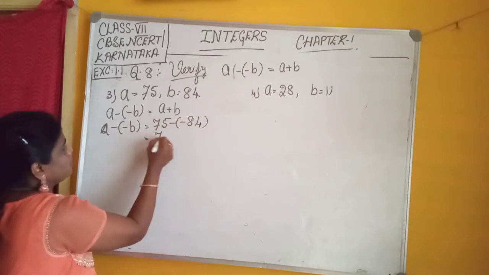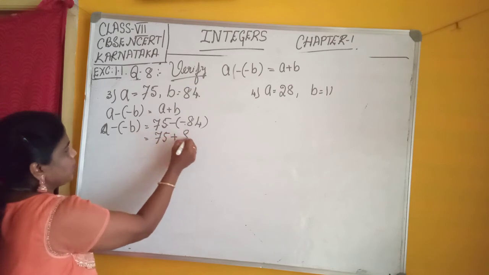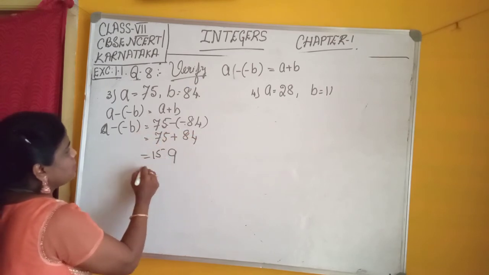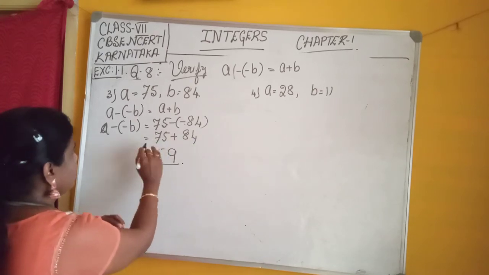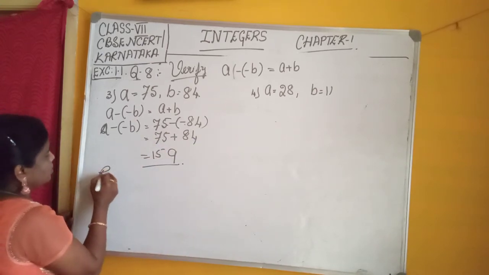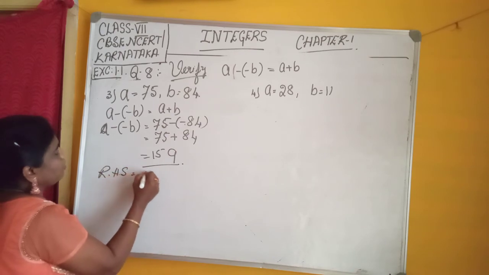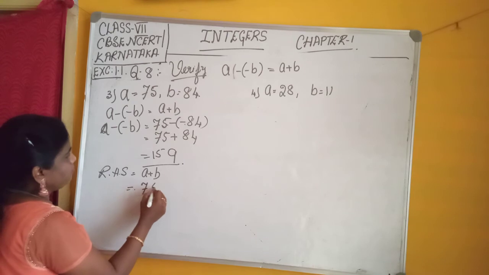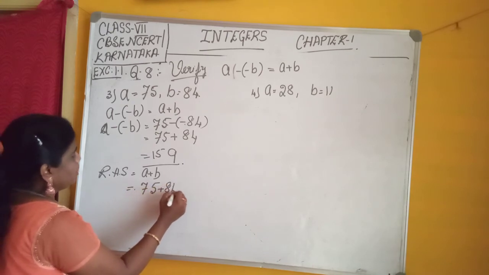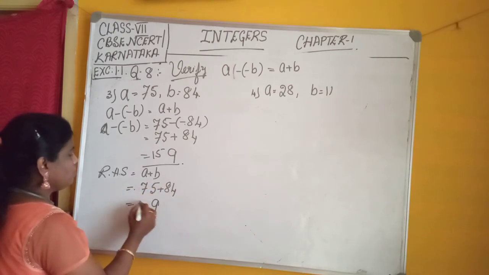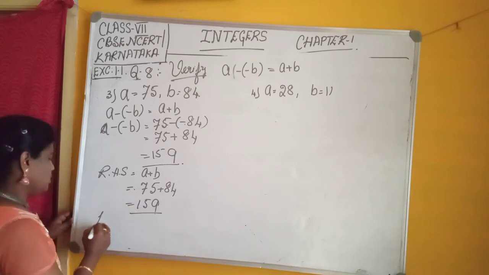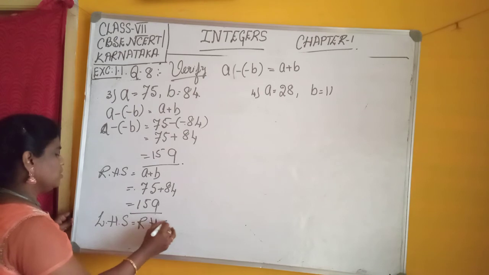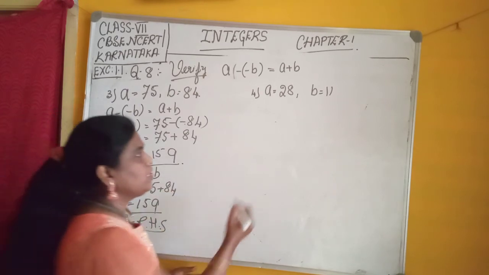Here you get 75 minus into minus, plus 84, that is 159. Next RHS is A plus B, that is 75 plus 84, which is 159. Both LHS and RHS are equal. That's why we verified. We move on to the next problem.